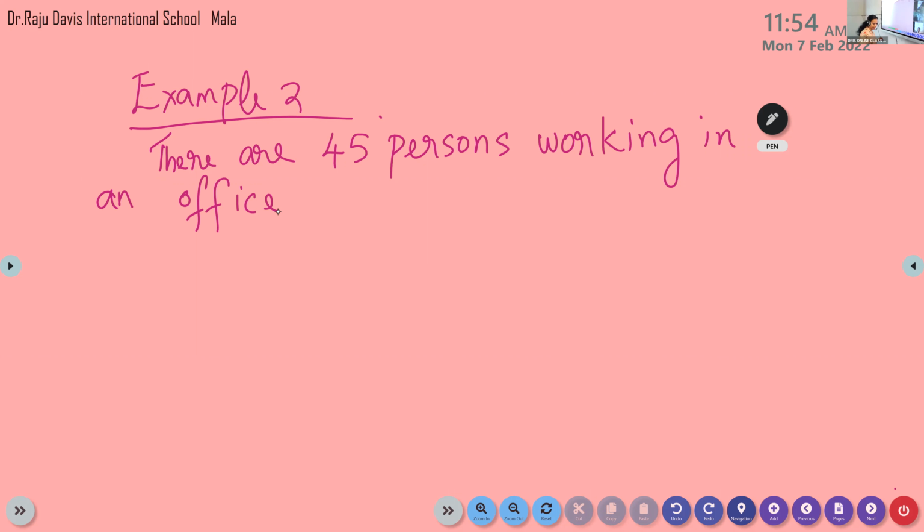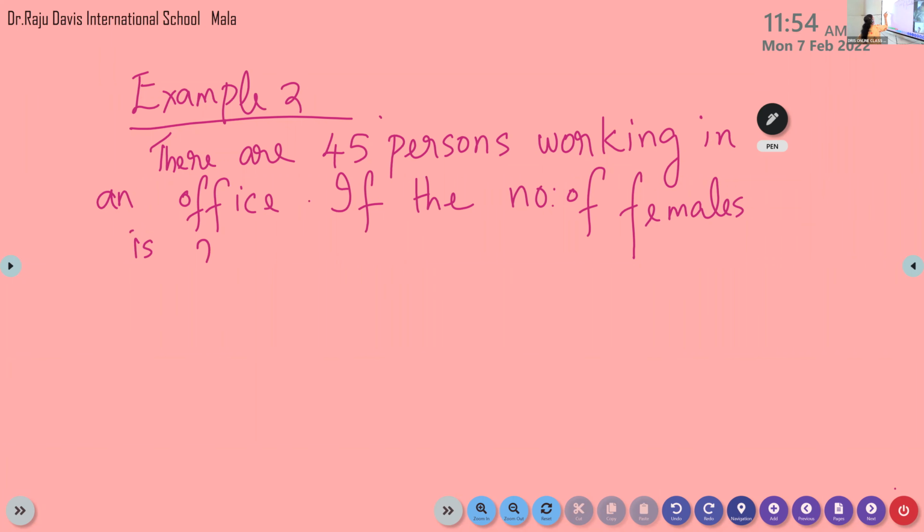If the number of females is 25, and the remaining are males.